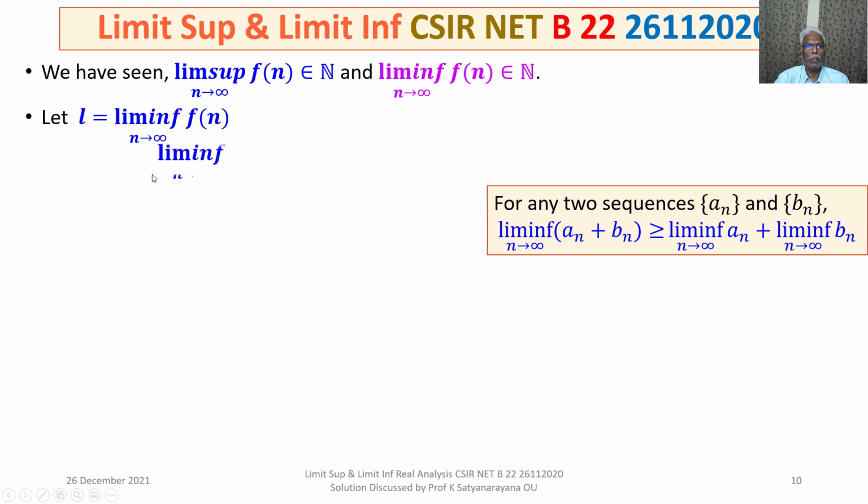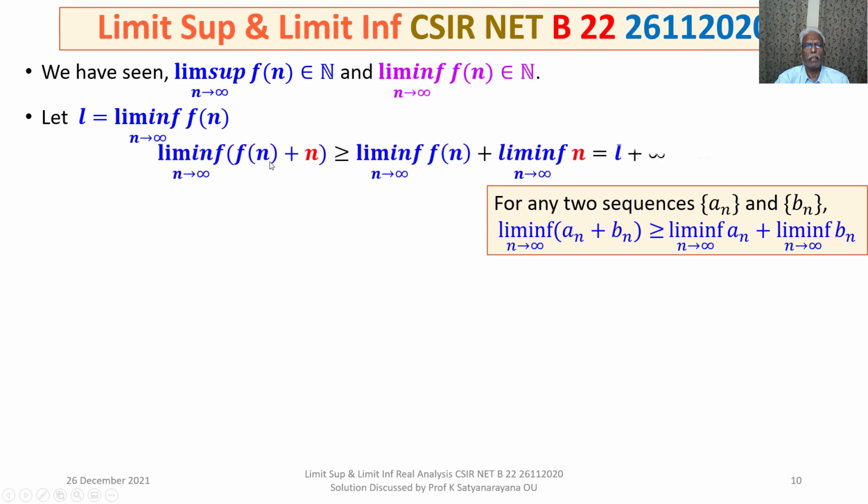So we talk about limit inferior of f of n plus n. f of n is one sequence, n is the other sequence. So that will be greater than or equal to limit inferior of the first plus limit inferior of the second, that is limit inferior of n. Limit inferior of Fn is L, limit inferior of n, which we have seen in the last slide, is infinity, and overall it will be infinity. So this implies limit inferior of f of n plus n does not belong to the set of natural numbers.